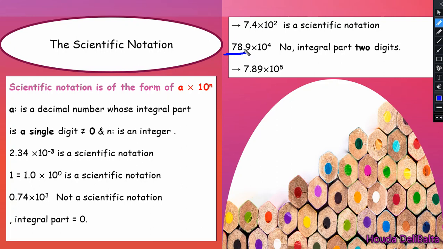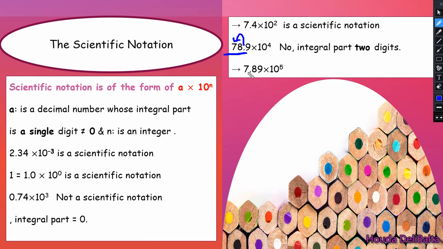It is made of 2 digits, and in the scientific notation it must be just 1 digit. So I'm going to change it to the scientific notation form. I have to move the decimal point that way or that way.